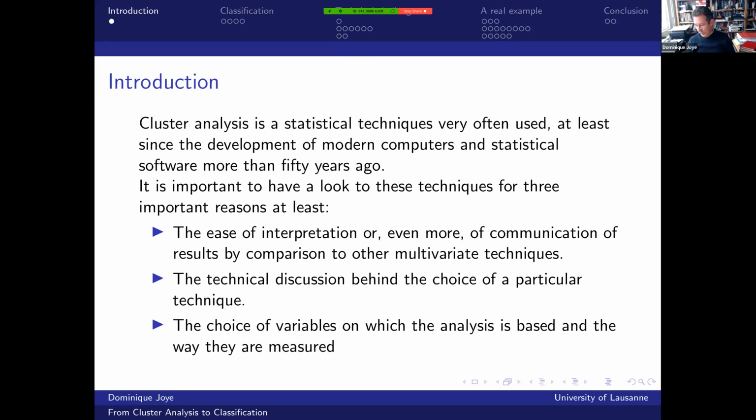At the same time, it's a little bit complicated because you have relations between these groups. In fact, the result of a cluster analysis, the typology, is a nominal variable. And for this nominal variable, you have to explain which categories you have and what the link is between this category and the other ones.